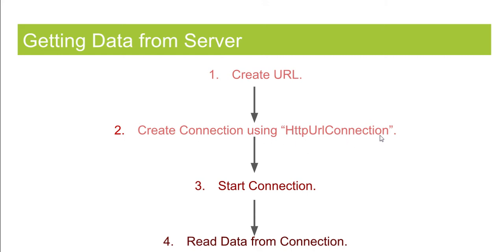HTTP URL connection is the class we use to do our network operation. We'll talk about it. Third step is start connection. We'll start connection on the HTTP URL connection object, and finally we'll read data from the connection.